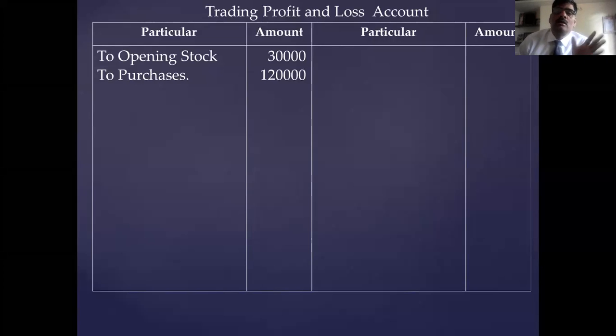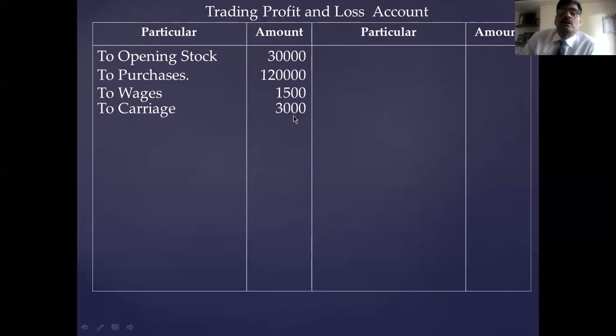I will not take the cash and credit from the account. It is also a right decision. The next item is wages. Wages in the cash book is 1,500. Next item is carriage inward. Carriage inward is 3,000. These are the items related with trading account, debit side. Come to the credit side, by sales.